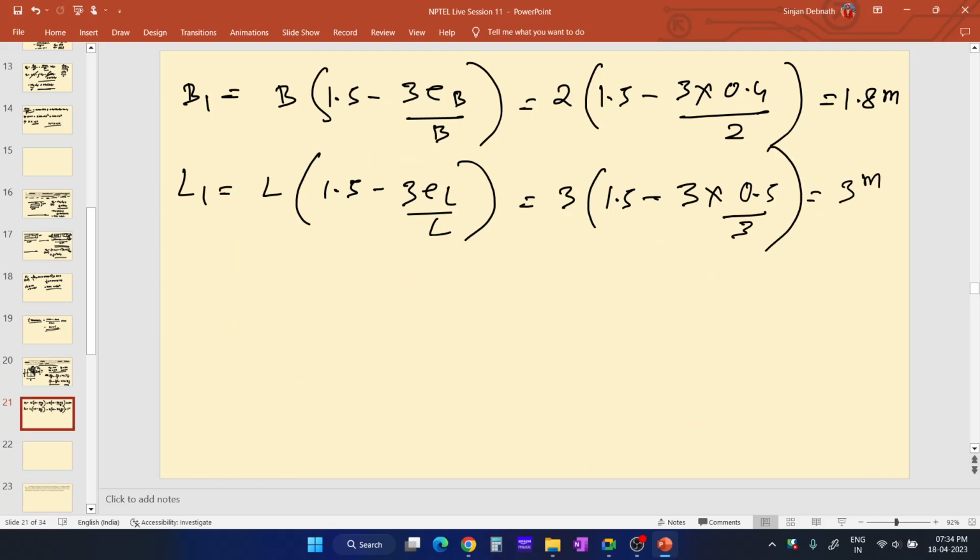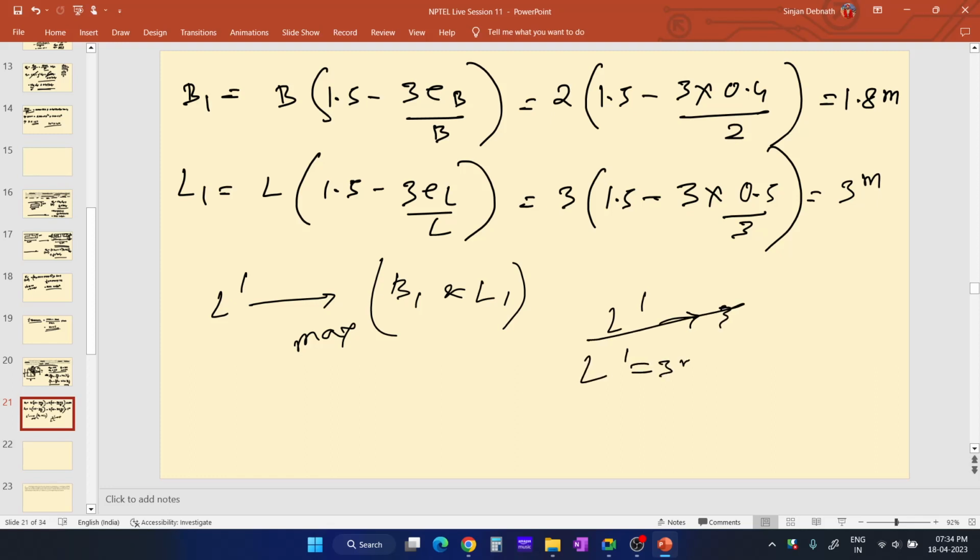And this L dash is the maximum of B1 and L1. So L dash is equal to 3 meter.